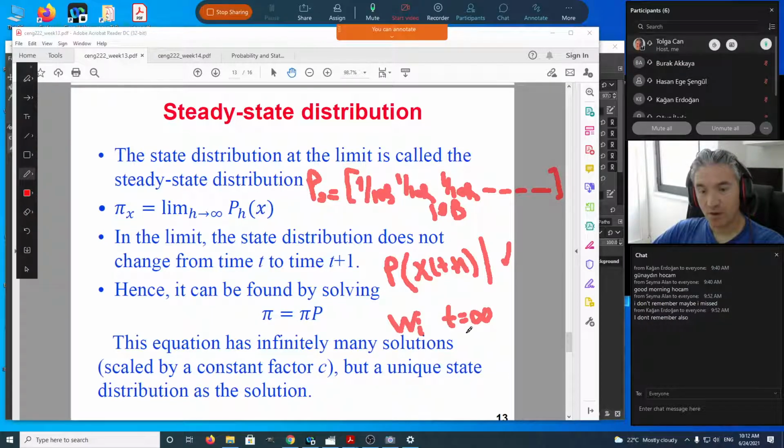The steady state probability distribution of this web page is an indicator of the importance of that web page. If there are lots of web pages linking to a certain web page, its steady state probability is likely to be larger, because at time infinity, since it's visited more, you will probably find yourself more likely in that web page compared to the others.